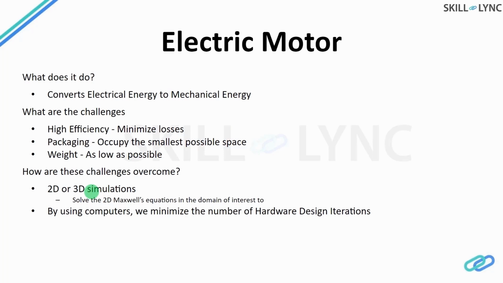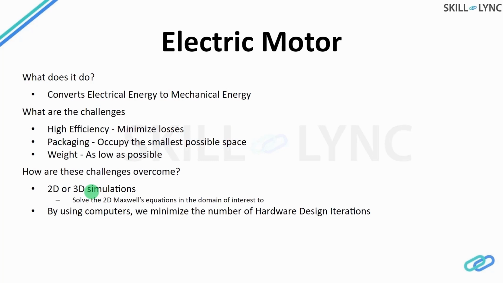Again, it depends upon the size of the car, but for passenger vehicle applications, your electric motors might have to be cooled. So you will have to make sure that cooling paths are designed and cooling systems are integrated with the electric motor as well. And how are these challenges generally overcome? Well, it's typically done by 2D or 3D simulations where Maxwell's equations are solved to perform an electromagnetic analysis on the electric motor.